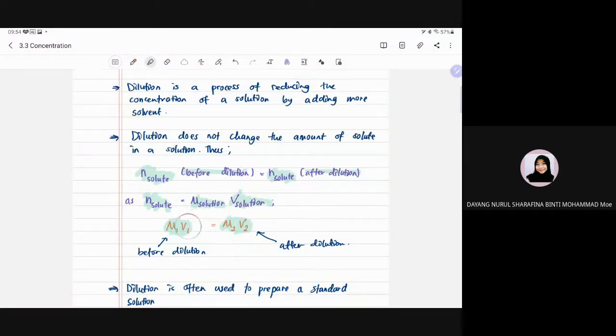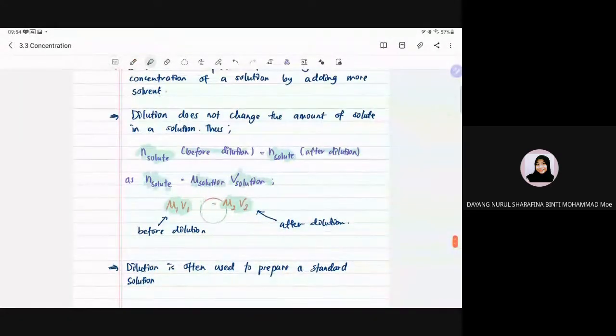Ini yang kamu gunakan dekat sekolah dahulu. Di mana M1V1 adalah number of mole sebelum dilution. M2V2 adalah number of mole selepas dilution. Okay? This is where it comes from. Mungkin some of you already know, some of you do not know where it comes from. So this is where it comes from. Number of mole solute, number of mole of solute.